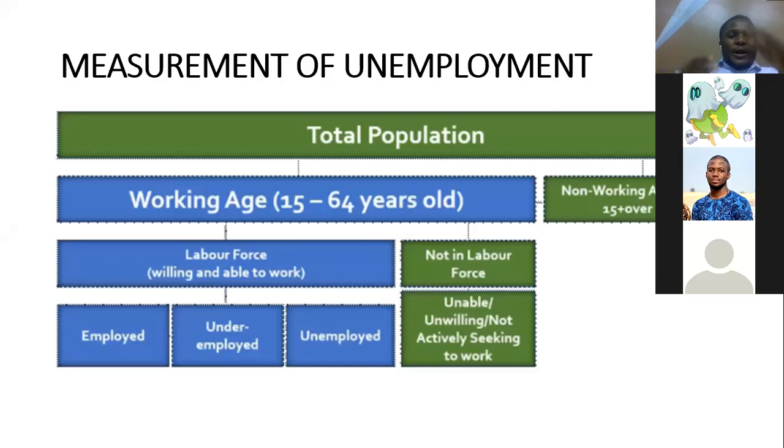All right. So in classifying the population for Nigeria, we have the working age and the non-working age. The working age, which is from 15 to 64 years, are those capable within the law to engage in one activity or the other.